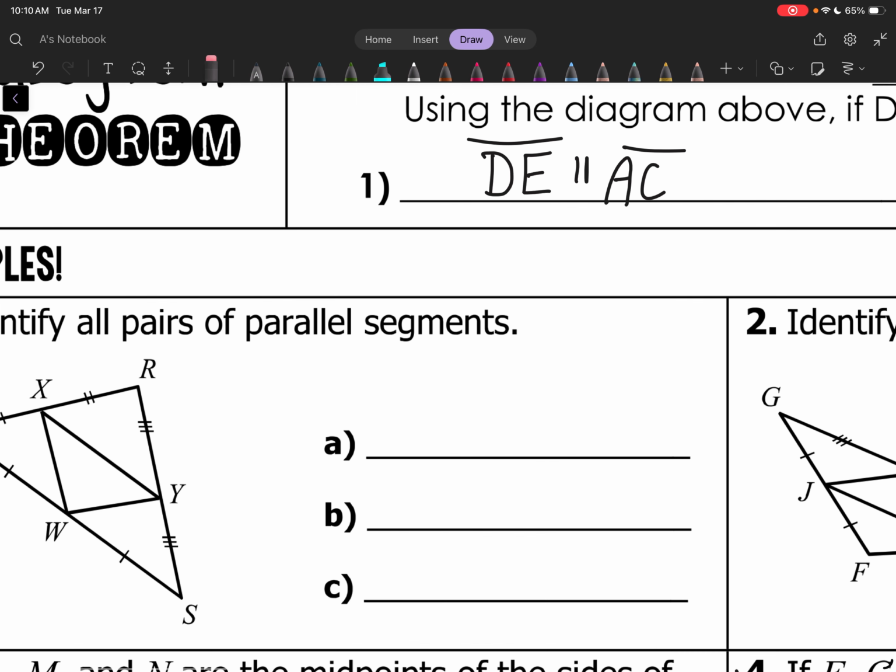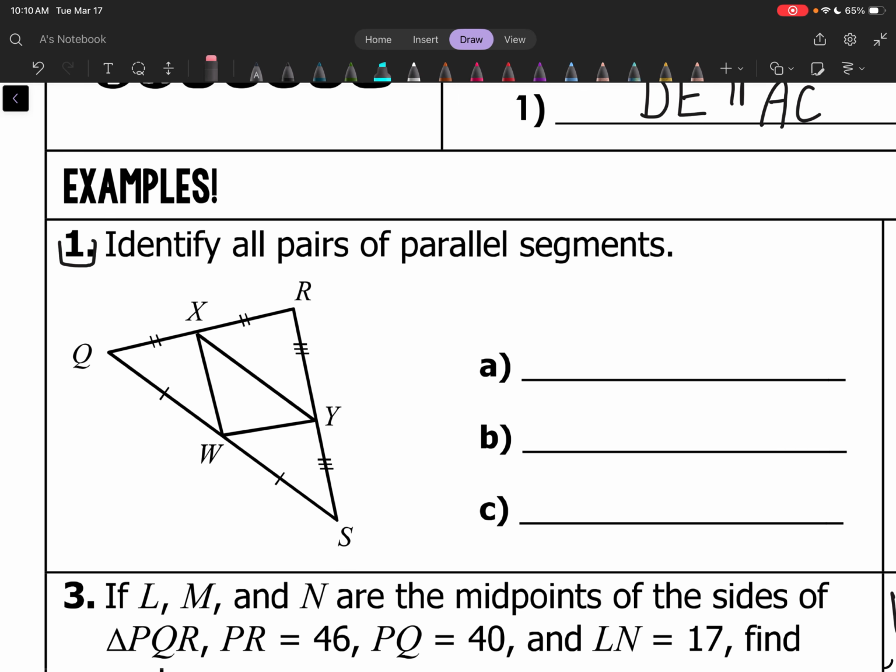All right, identify all pairs of parallel segments. So I'm going to start at the top with QR. QR is going to be parallel to WY.